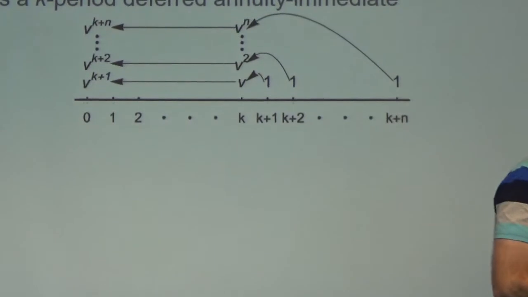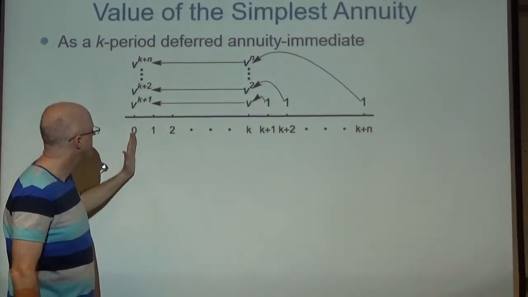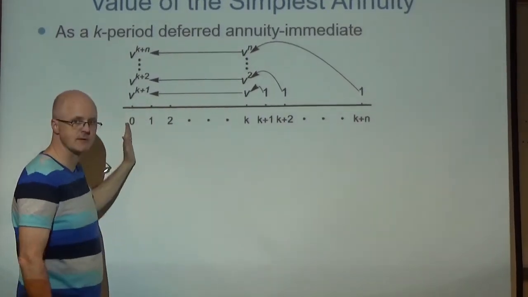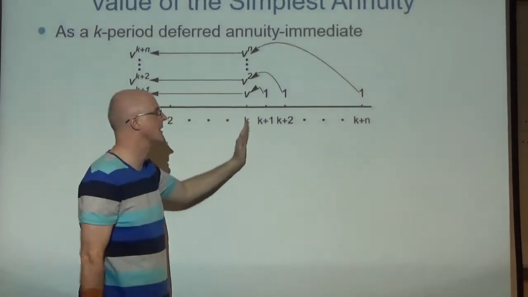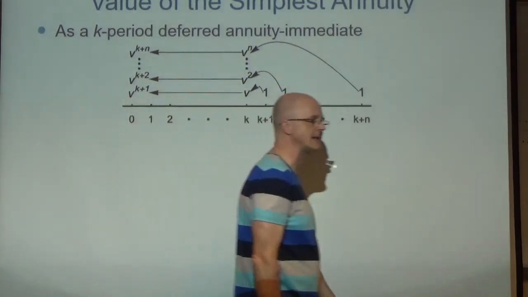It's a deferred period annuity. It's a K period deferred annuity immediate, because you're thinking of it as annuity immediate K periods after time 0. There's time K, the first payment is 1 period later. It's a K period deferred annuity immediate.